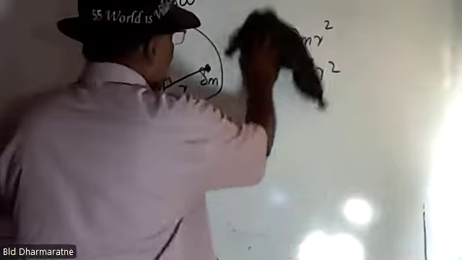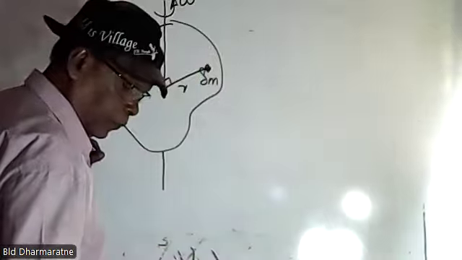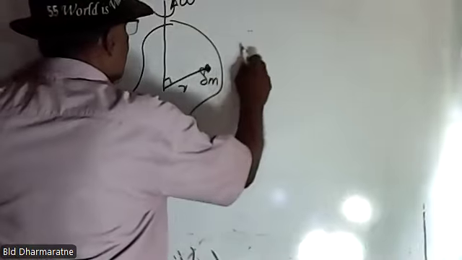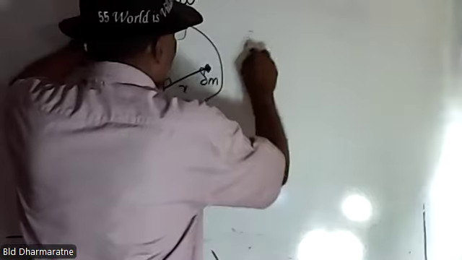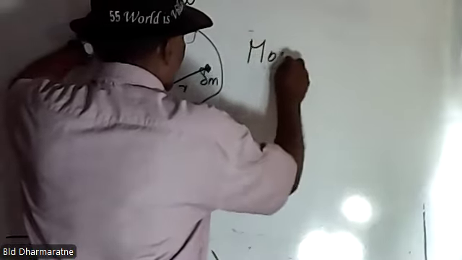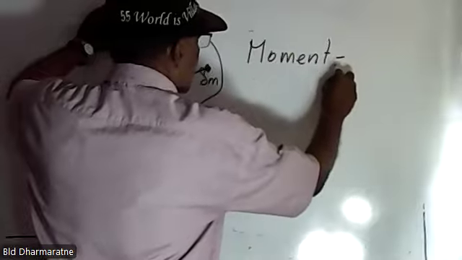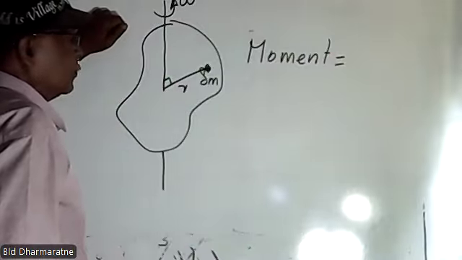Now we are describing angular momentum. We know that moment is mass into distance, the normal moment, delta m r.